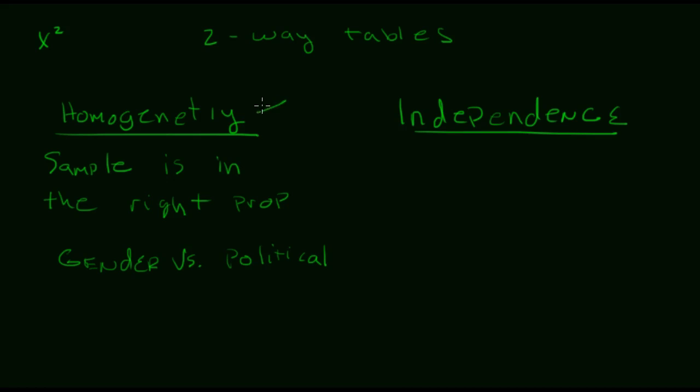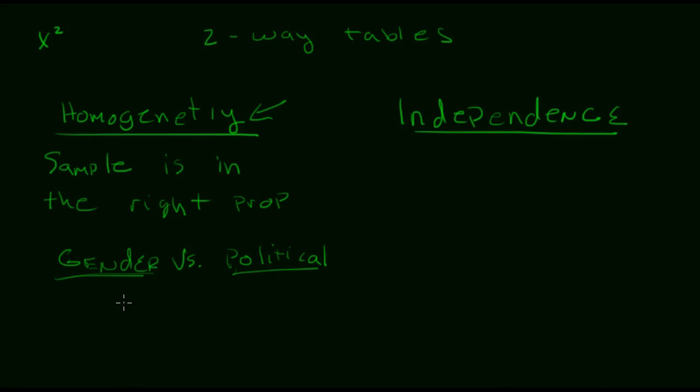Then if we have a homogeneous reality, then the proportion of each gender that are in different political parties should all be the same. So this is one way of looking at it: is everything aligned?